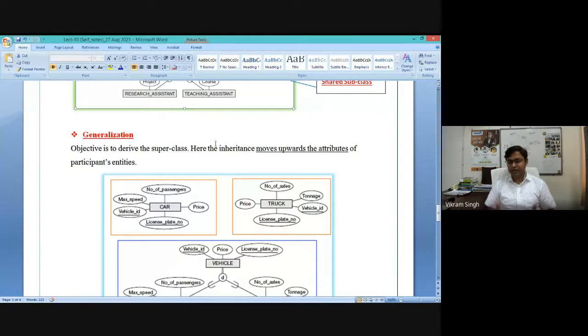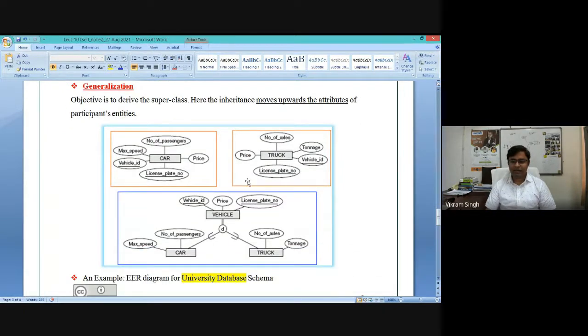So whenever we have these two similar entities, then we have to combine them, we have to merge them, right? And when we start thinking about merger, the first step is to see what are the common, what are the similar attributes between them, and you can take out all those common attributes to the higher entity, to the superclass, right?